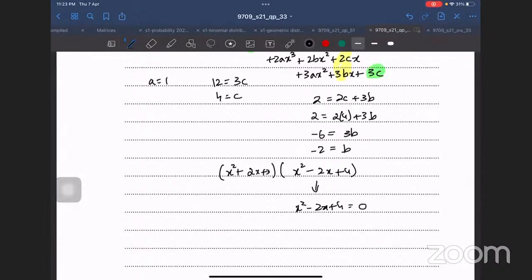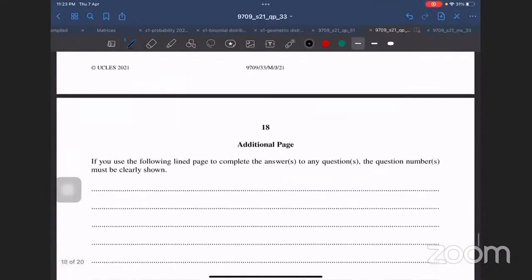I've done it correctly so far. 1 minus 2, 4. So I get two more non-real roots, 1 plus root 3i and 1 minus root 3i. So those are the other two roots. I could call these z now. Okay, that's the end of the exam.